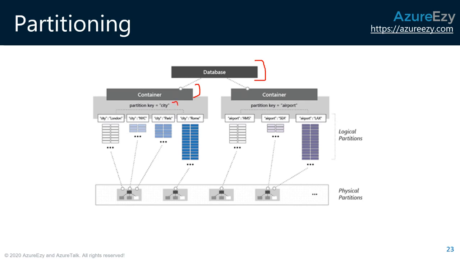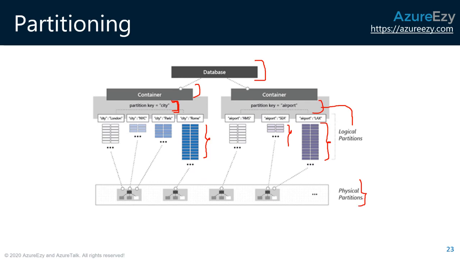On the container, when we are creating the container, we also create the partition key. And this partition key is responsible for what? For logical partitions. And these logical partitions are mapped with the physical partitions right here.